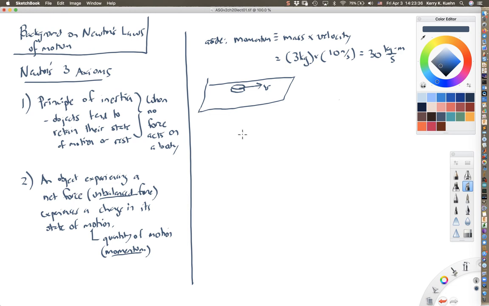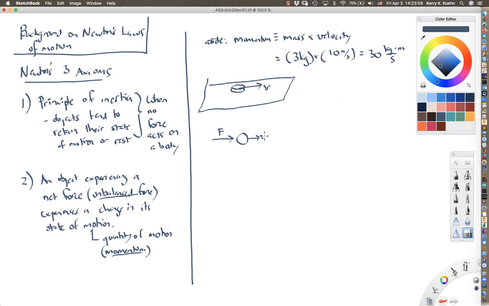There's really three ways. I'm going to look at a top view. Let's suppose this is a top view, we've got its velocity this way. That's its speed. And let's suppose we hit it from the back with a hockey stick. So we apply a force to the back. Well, its initial momentum, let me actually change this and say its momentum is in that direction.